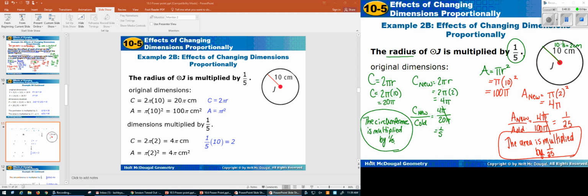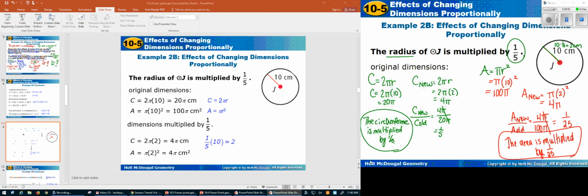So if we change one dimension by a factor of A, only one dimension and there's multiple dimensions. Keep in mind, the special shapes like a circle or an equilateral triangle, when you change one dimension, it changes all the dimensions.